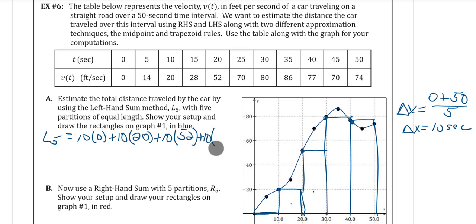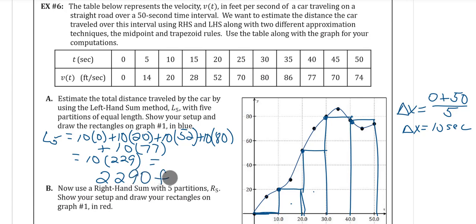The next one, at 30 seconds, I'm at 80. And at 40 seconds, I'm at 77. So you can even pull the 10 out and just add all the numbers up together. So that's 229. And that's going to be a total of 2,290 feet.